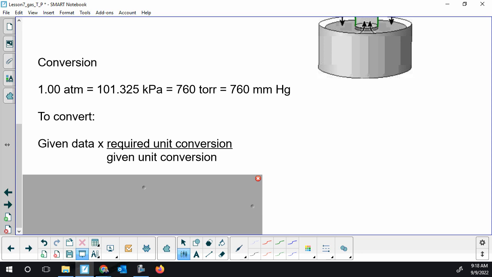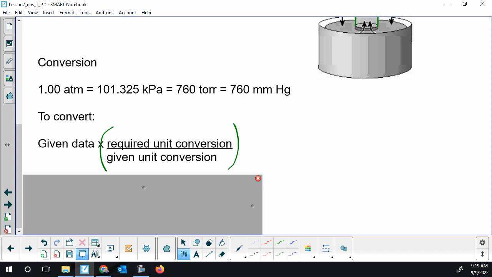I'm going to multiply by the required unit conversion and divide by the given unit conversion. So what's in green is sometimes called a unit ratio. It's where the top and the bottom are equivalent to each other. They have the same meaning, but they're in different units. It's similar to the factor label method from Science 10.